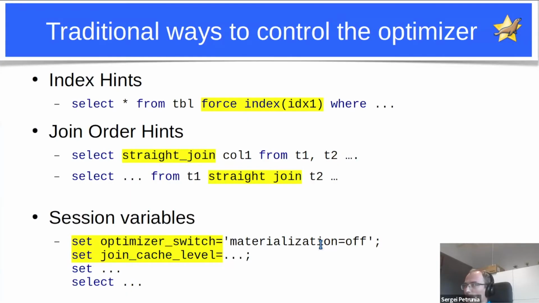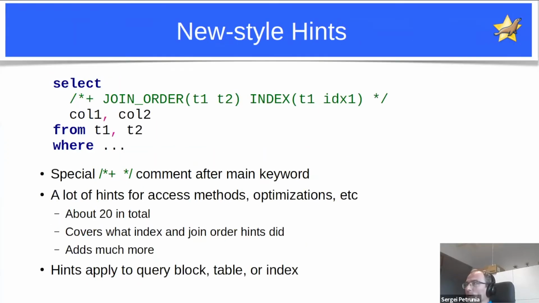You couldn't tell it to run one subquery with materialization and the other one without. It just turned it off globally. There were a few other variables controlling the optimizer that had the same effect. Now let's see what the new style hints bring to the table.